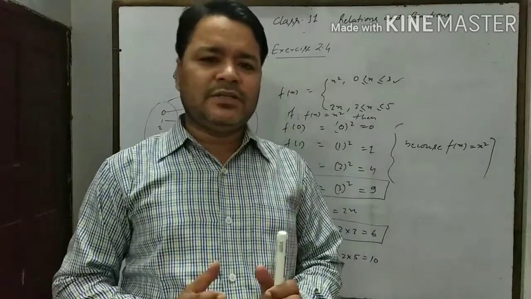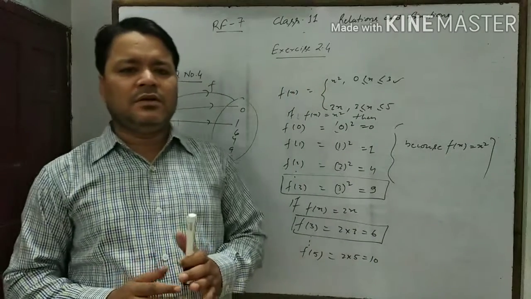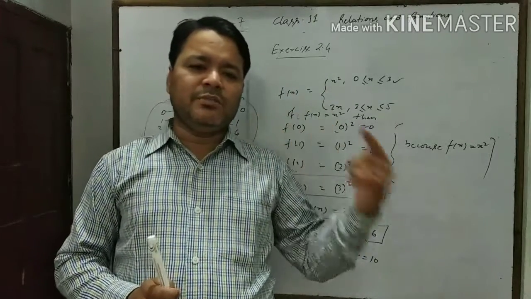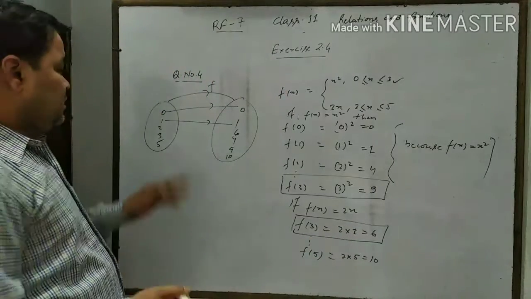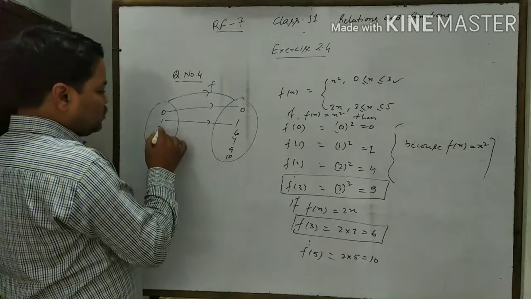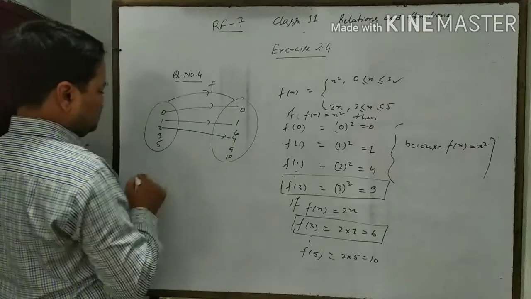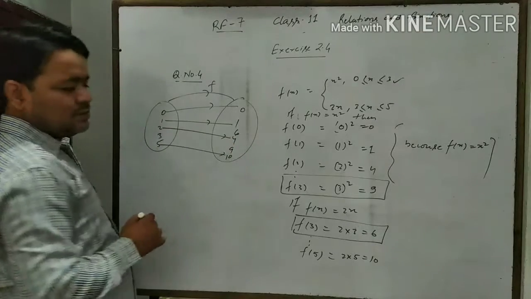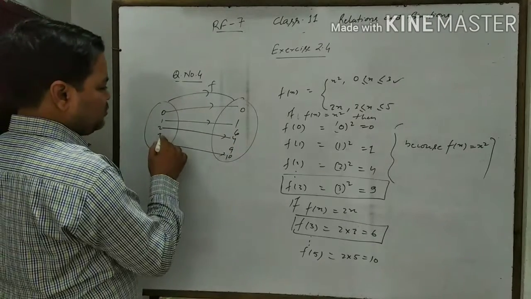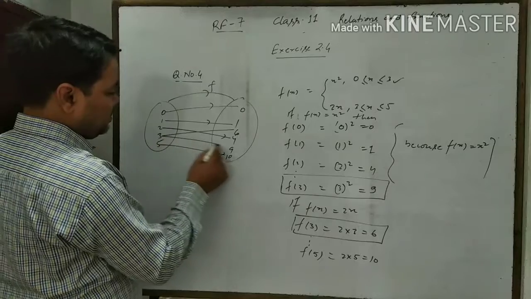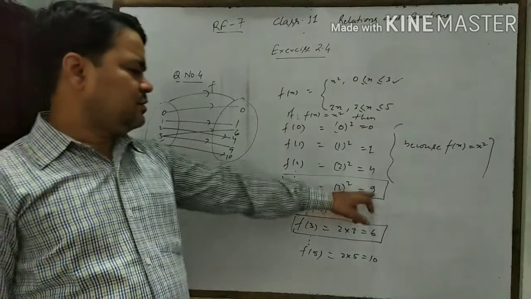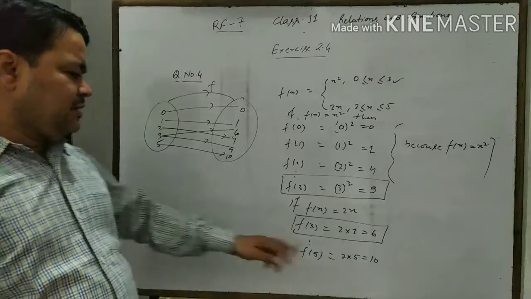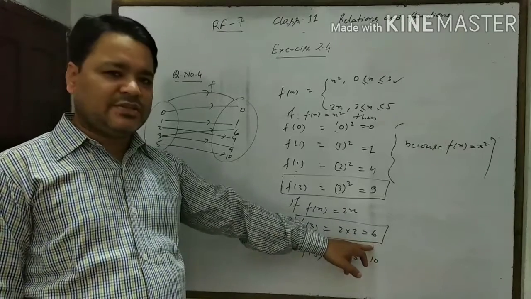Each element of domain should have a unique image in codomain. But what is the problem here? 5 has a unique image, but 3 has two images, 9 and 6.